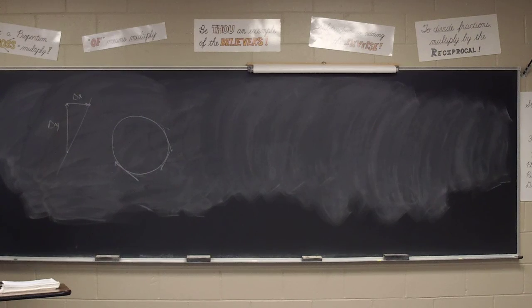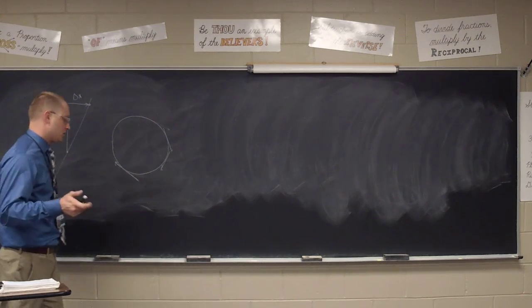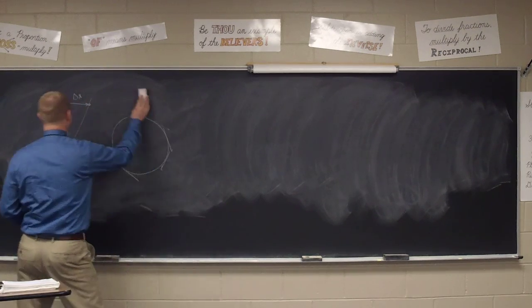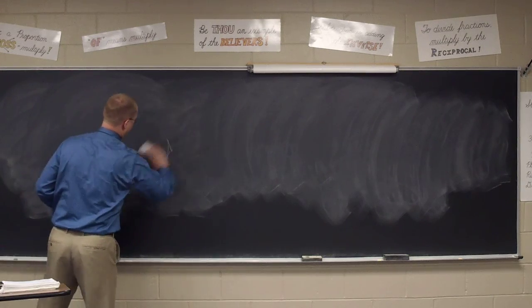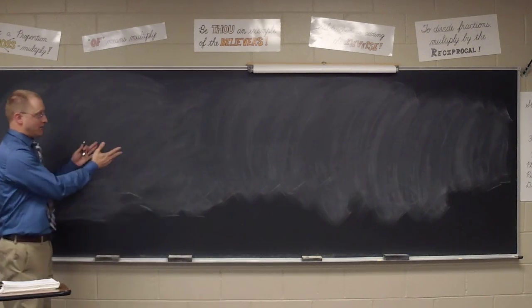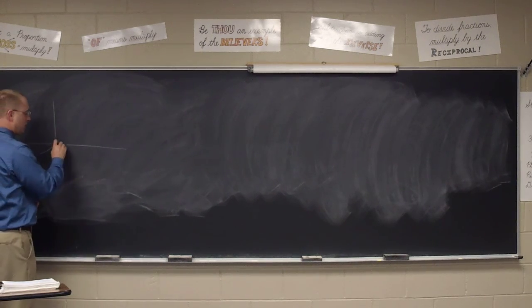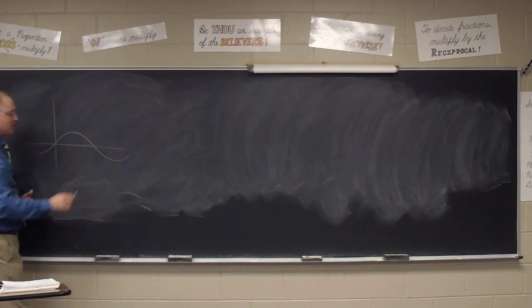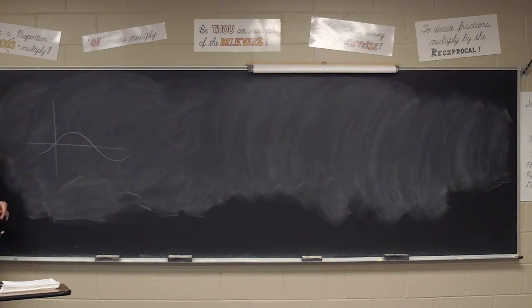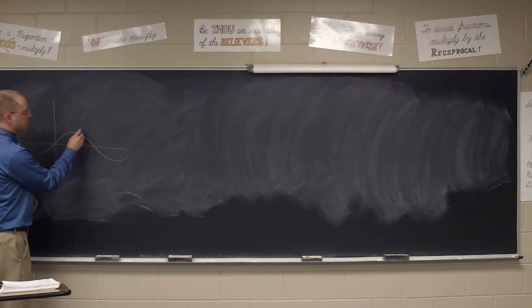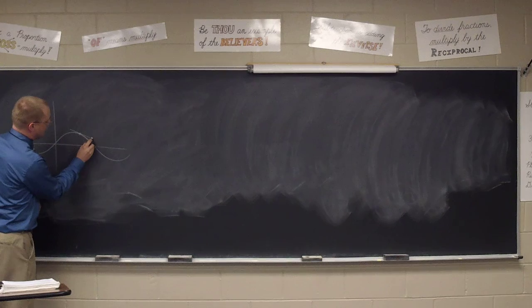So how would we figure out what the slope is? I'm going to draw an actual function curve now. Obviously, we wouldn't be finding slope at any point on a circle. It's not a function. But for instance, maybe take the sine curve, something like this. There you've got that curvature to it. If I wanted to find the slope at this point, there would be the slope of the tangent line.